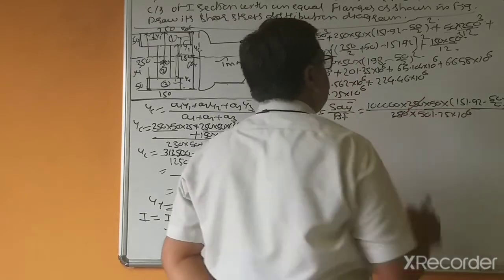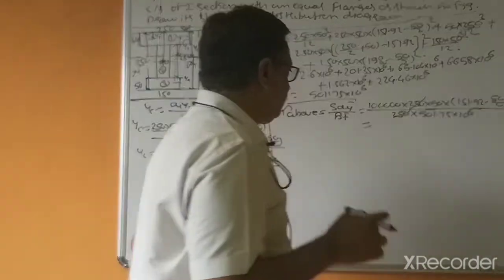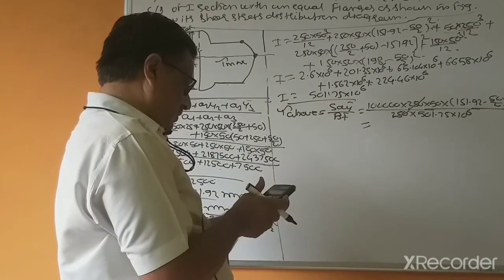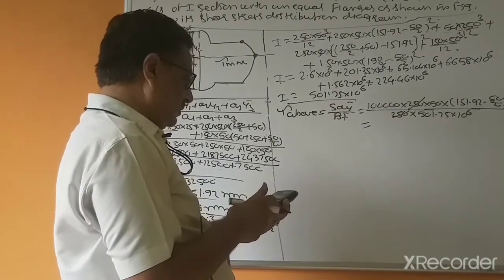So this 250 will get cancelled. 1 divided by answers.